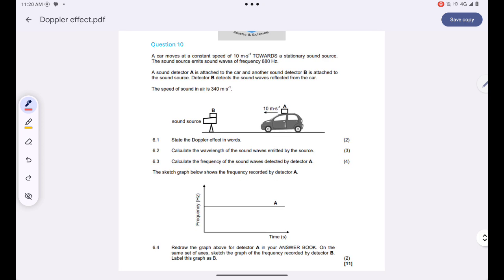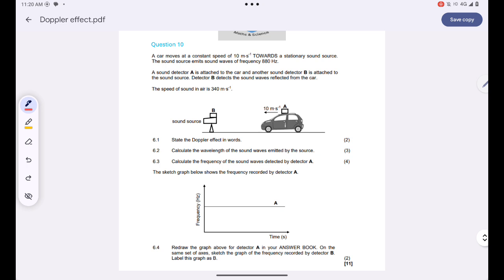Okay. We are told that a car moves at a constant speed of 10 meters per second towards a stationary source. Are you together? And then the sound source emits sound waves of 880 hertz.